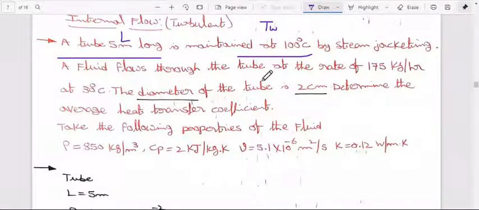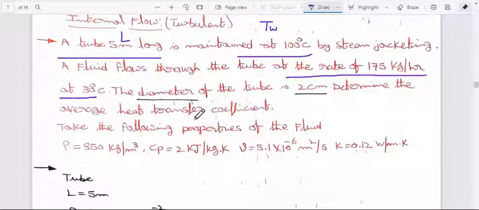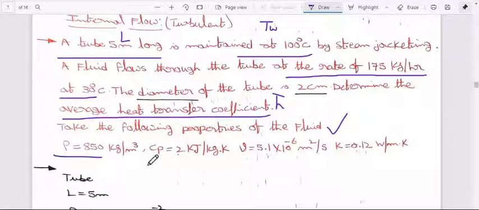A fluid flows through the tube at a rate of so many kg per hour, at 30 degrees. The diameter of the tube is 2 centimeters. Determine the average heat transfer coefficient, that means the h bar value. The following properties of the fluid are given: density, Cp, nu value and k value.